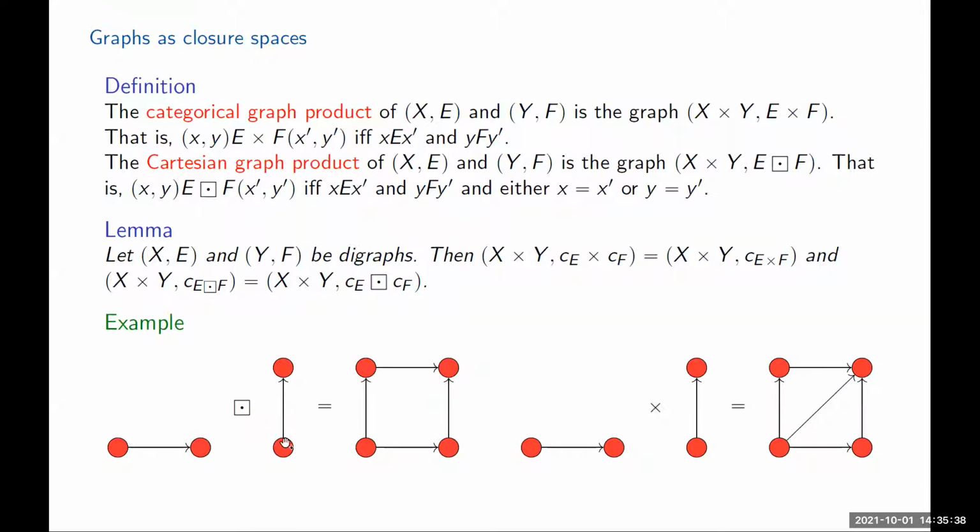Their Cartesian graph product is just this square without the diagonal, whereas their categorical graph product, you have to add the diagonal. The symbols are meant to represent that. You have this cross, so it implies you have diagonals. Here you have a box without the diagonal, so there's no diagonal. It's supposed to be very intuitive, the symbols at least.